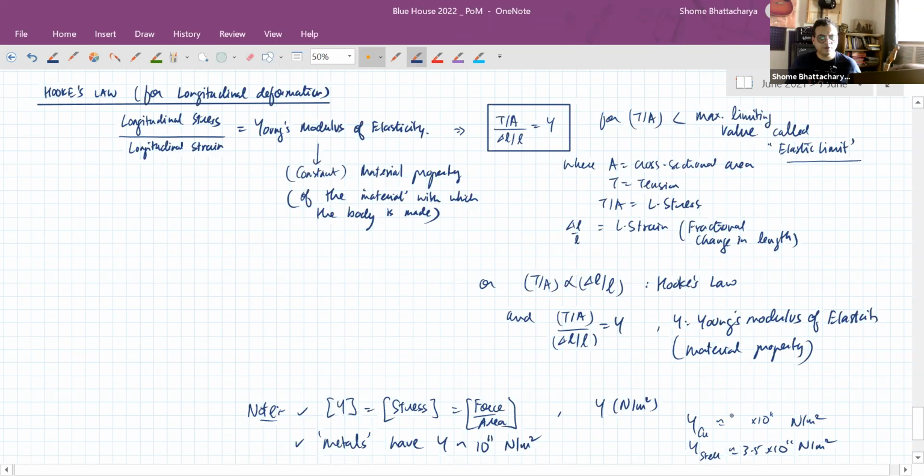It's approximately 1.2. For example, iron has a Young's modulus of about 2.1.